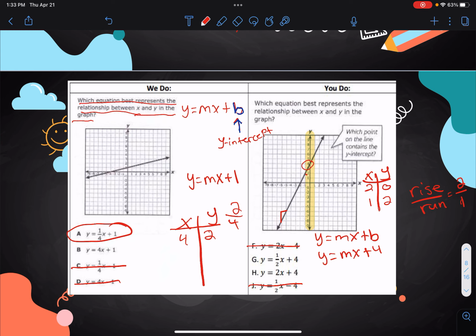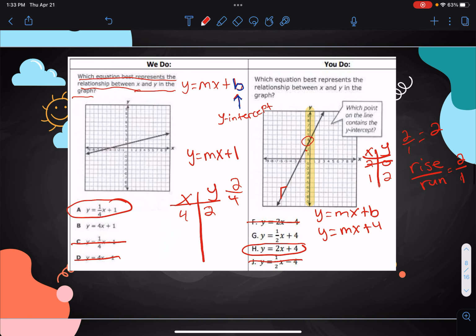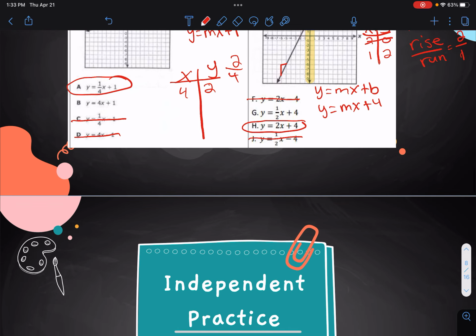So it'll be 2 over 1. Same thing here. 2 over 1, which is the same thing as 2, right? So your answer was G, okay? Sorry, that was a you do. My bad. I finished it for y'all.